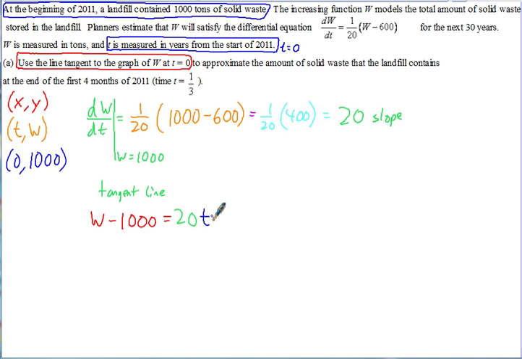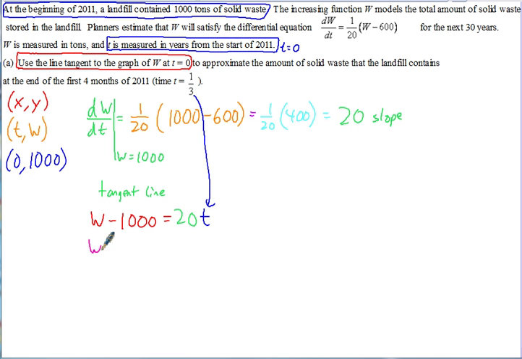So there's your tangent line, and then we want to use it to approximate the amount of solid waste that the landfill contains at the end of the first 4 months. It gives you a hint, it's time 1/3, because 4 months is 1/3 of a year, because there's 12 months in a year. So then you would just substitute in a 1/3 right there.